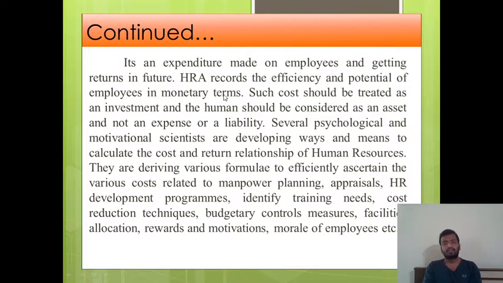So human resource accounting records the efficiency and potential of employees in monetary terms. Yes, how efficiently an employee is working, what his potentials are, how he can make more and more profit for the company, how he can be a beneficial asset for the company. All these things can be measured in monetary terms. Such costs should be treated as an investment in humans.